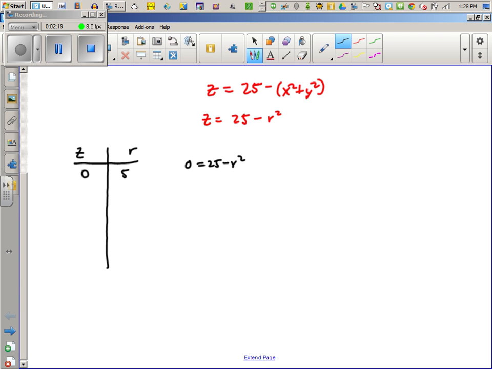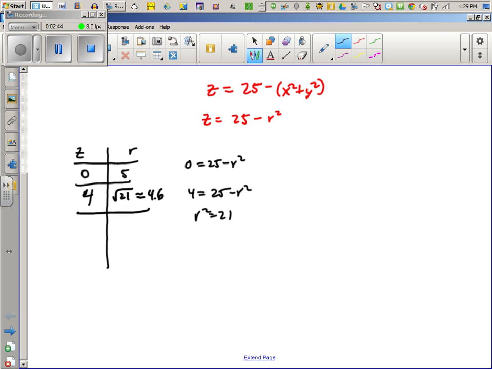5. Okay. Let's go ahead and make z equal to 4. Doesn't matter really. 4 equals 25 minus r squared. R squared is 21. So that's the square root of 21, about 4.6, roughly.